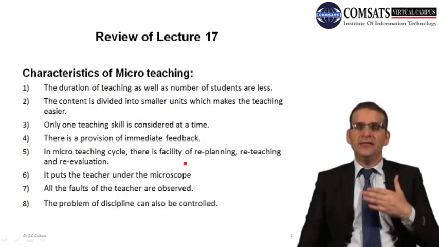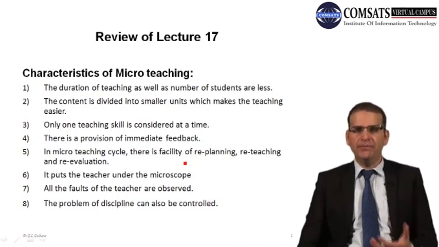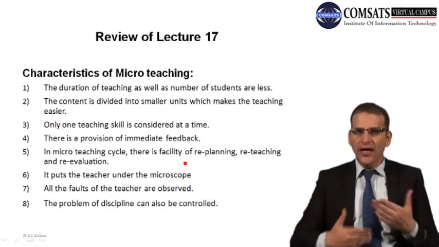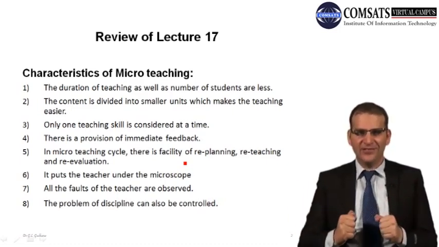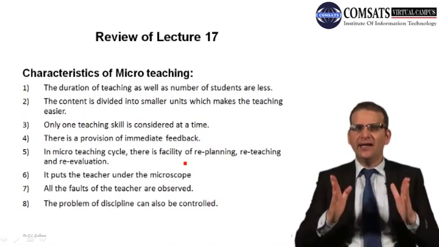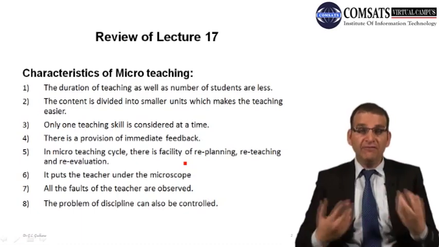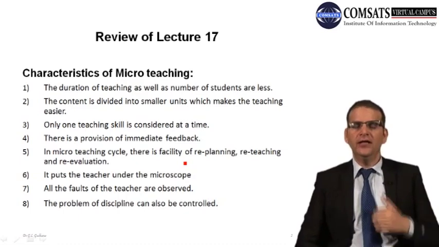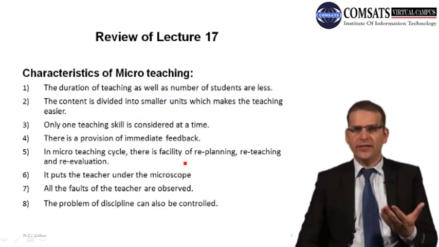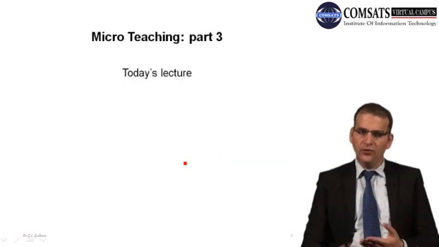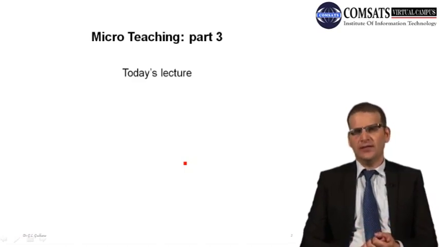However, if you are teaching a traditional class of 40 to 60 students, chances are you have to be a thanedar at times. So maintaining discipline in that class is more difficult, a tough job, compared to micro teaching, where you are dealing with just 7 to 10 students. So these are the characteristics of micro teaching. This is what we talked about in our last lecture.